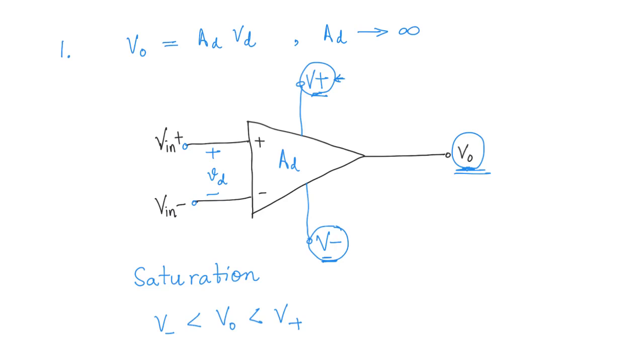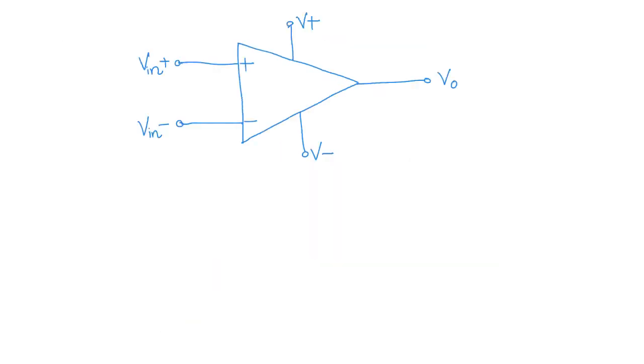Okay, so here's an op-amp, and we know that this is an ideal op-amp, and therefore the differential gain AD tends to infinity, and the output only depends on the difference of the voltages VD, where of course VD is equal to V in plus minus V in minus.